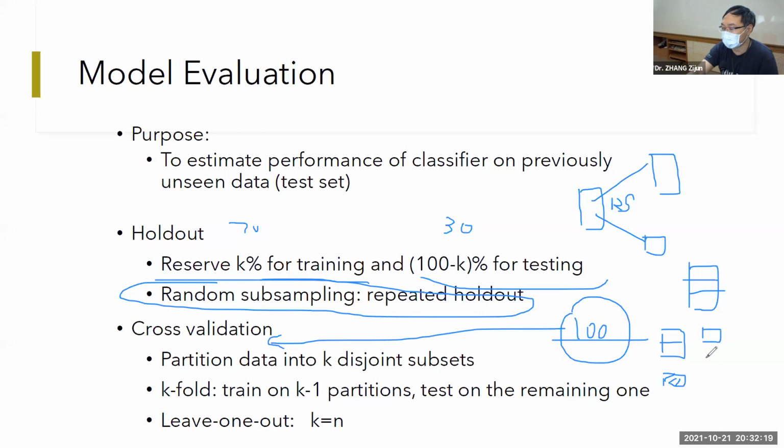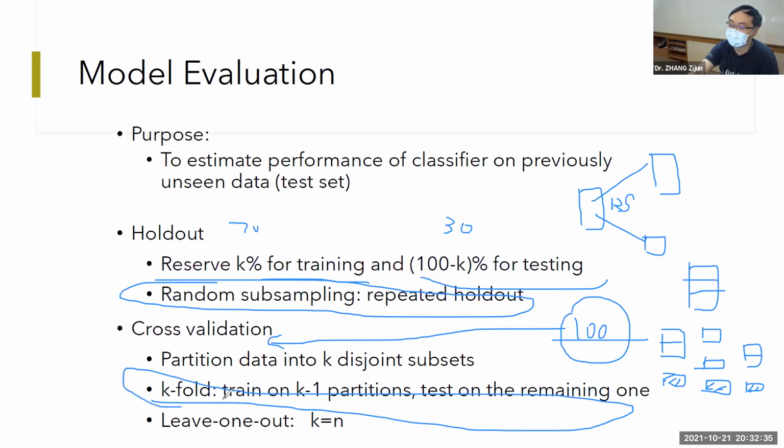The second time, you pick the first and last chunks as training and the middle one as testing. And the last trial, the last 2 as training and the first one as testing. This is called K-fold cross-validation. And this is the last choice that you would like to try if you have very limited data points.